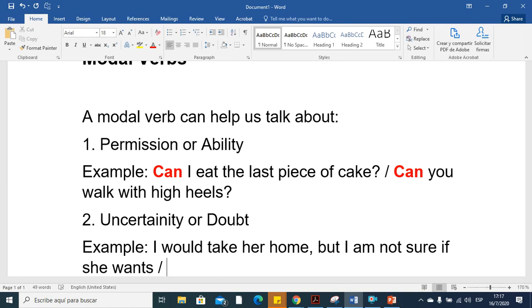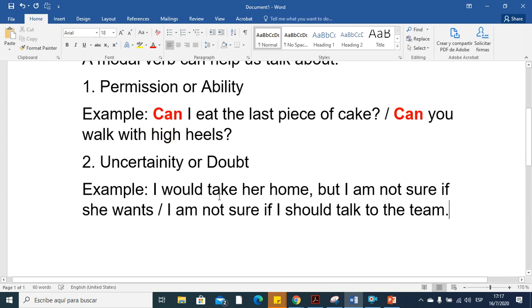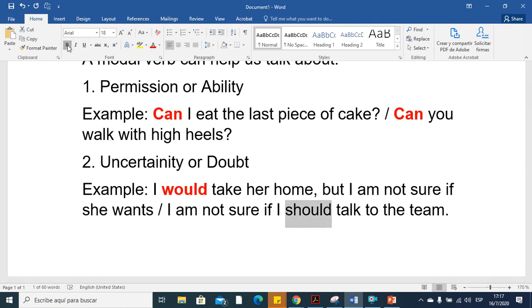That's basically an example of a doubt. We could also say, I am not sure if I should talk to the team. So would, that's a modal. Same thing in here, should, that's a modal.